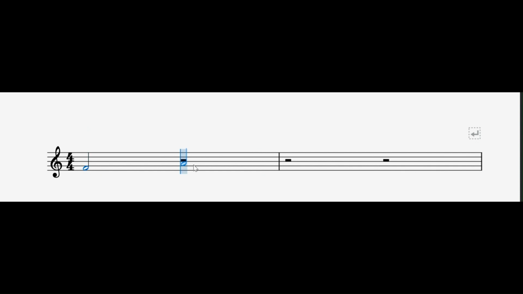Second space, oops, now it's in the space. Third space, fourth space. I don't know if you observed that while I was putting the notes in each space, the sound of each was getting higher. Yes. So from lowest space to the highest space, the pitch also gets higher.